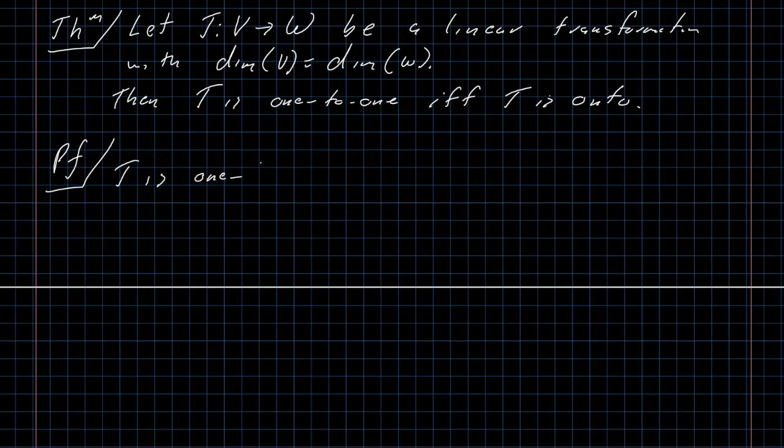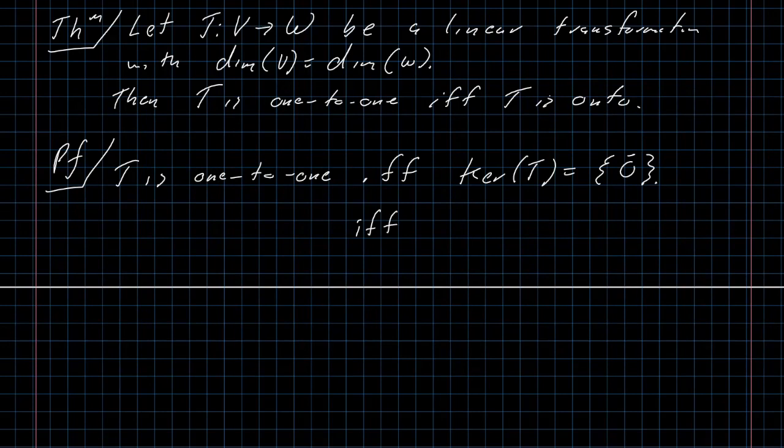T is one-to-one if and only if the kernel of T is the singleton 0. And the kernel of T is the singleton 0 if and only if the nullity of T is equal to 0.